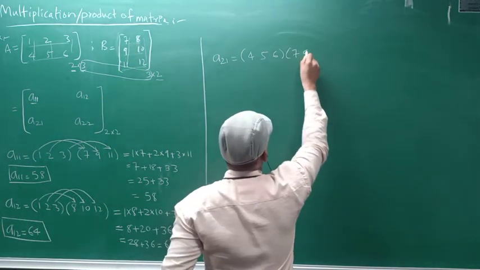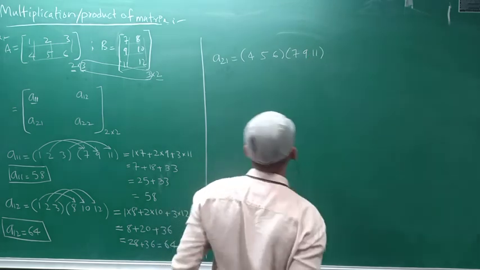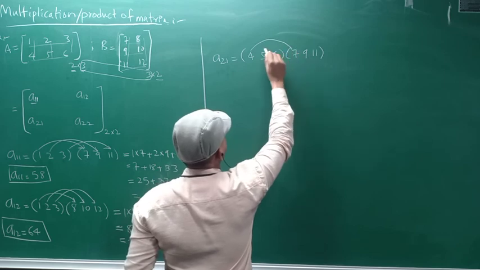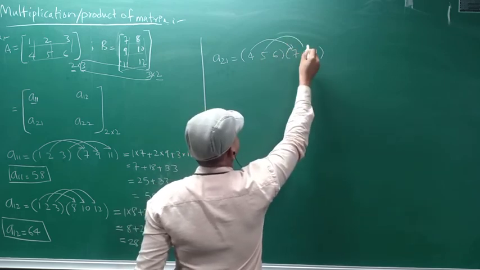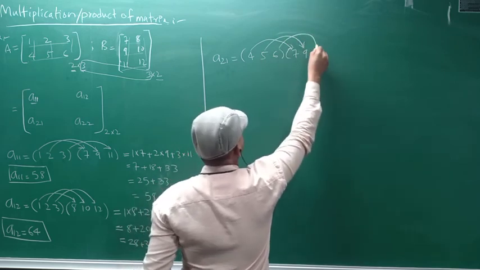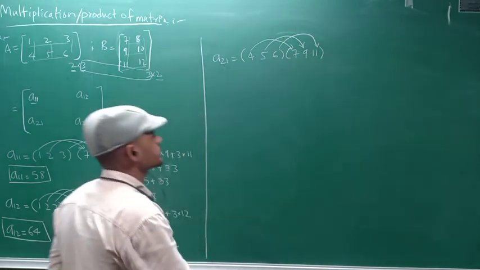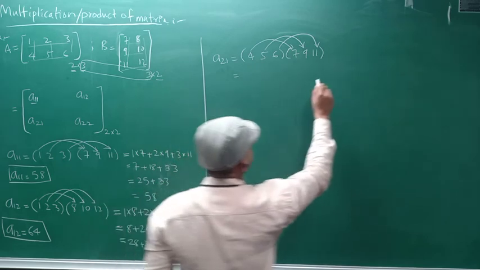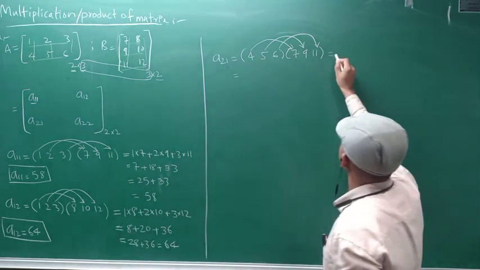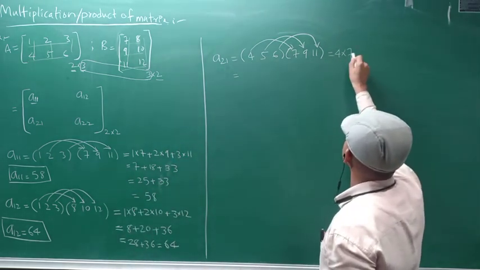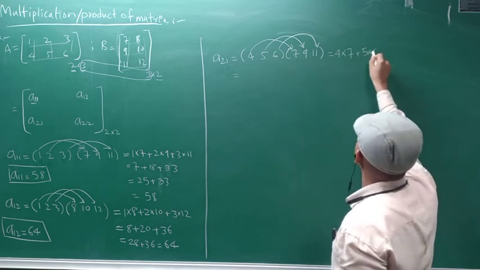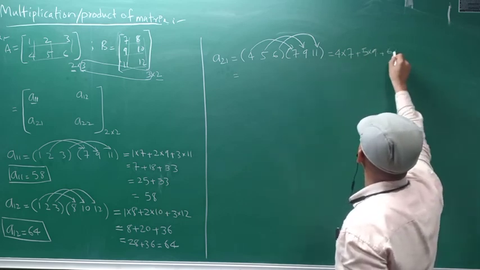So I need to multiply with this, and with this. Let's multiply. First 4 into 7 plus 5 into 9, then plus 6 into 11.